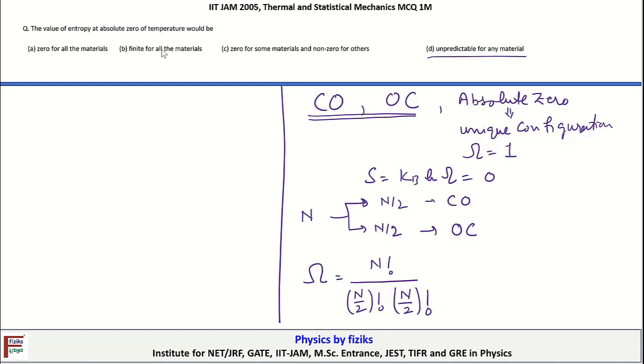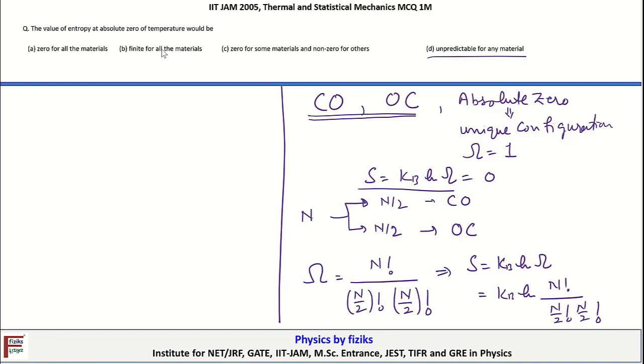So the entropy from here we can easily calculate by the Boltzmann equation that we just used: S is equal to Kb ln omega, which is equal to Kb ln of N factorial divided by N/2 factorial times N/2 factorial.